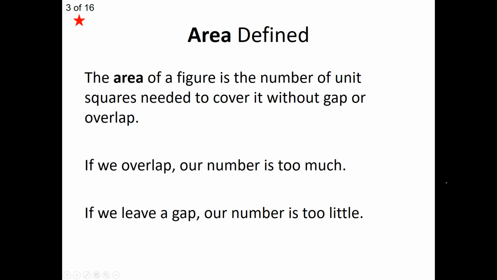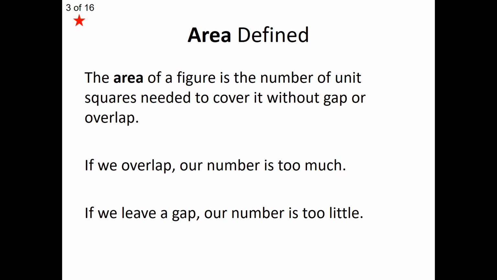So now we move into the definition of what area is. The area of a figure is the number of unit squares needed to cover it without gap or overlap. Imagine you're given a figure and you have your cookie cutter of the unit square. You are then going to stamp out as many of those squares from the given figure without gap and without overlap.